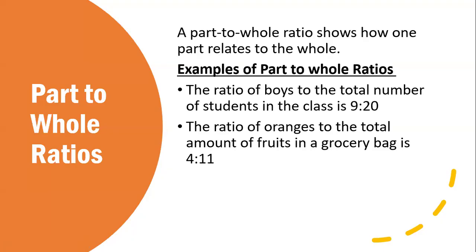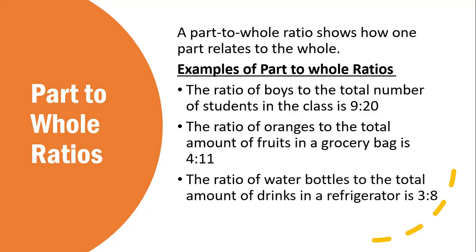The ratio of oranges to the total amount of fruits in the grocery bag is 4 to 11. Continue. The ratio of water bottles to the total amount of drinks in the refrigerator is 3 to 8. 3 to 8. Very good. All right.